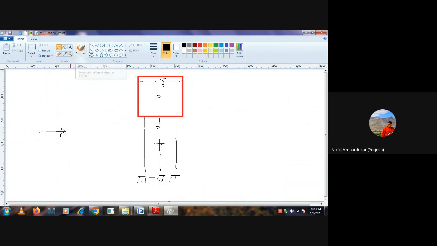Basically, our assumption is, suppose we convert this entire structure, this entire system, into a single line diagram. How can I represent this? I will draw this entire framing as a single line. My mouse is not operating properly.